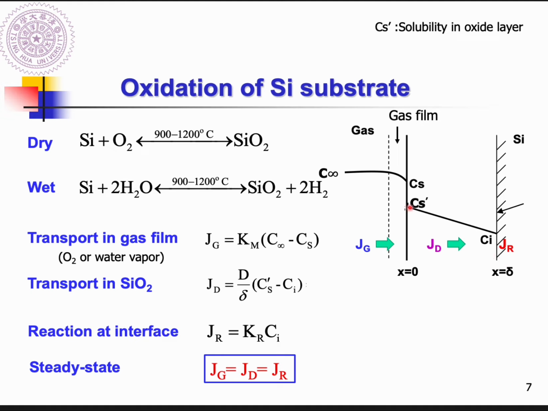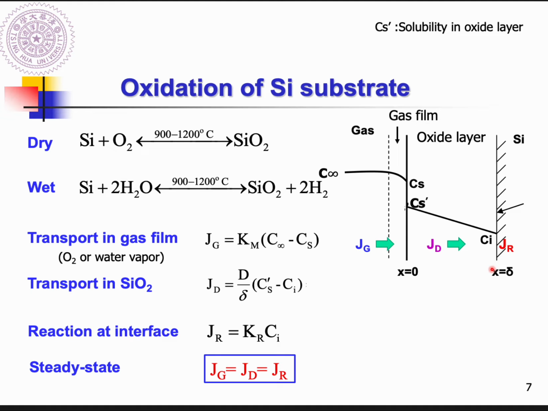When you grow more silicon dioxide, the oxygen needs to diffuse through this oxide layer to arrive at the surface of the silicon substrate to oxidize the silicon atoms beneath the surface, right? So the concentration of oxygen will decrease from Cs prime to Ci. And here, delta means the thickness of the silicon dioxide layer.